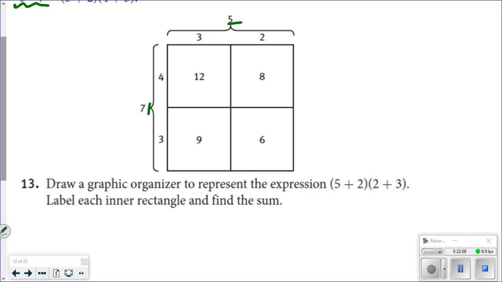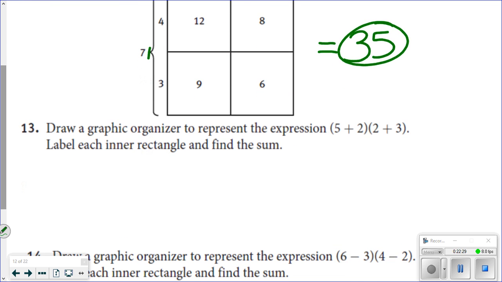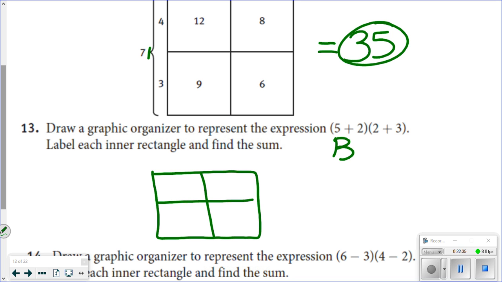Let's go ahead and find out the total number here. So add them all up. And we get 35. So let's draw, again, a graphic organizer, or the box. And I know it's going to be a 2 by 2 because this is a binomial times a binomial.